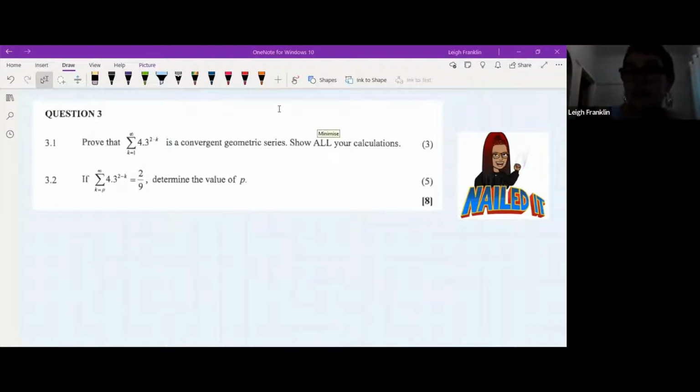Calculating the sum to infinity is not going to help us answer the question. That's not going to prove that it's a converging geometric series. What will prove that it's a converging geometric series is the value of r. So if we can work out the value of r and show that it's bigger than -1 but smaller than 1, then we have proved that it's a converging geometric series.